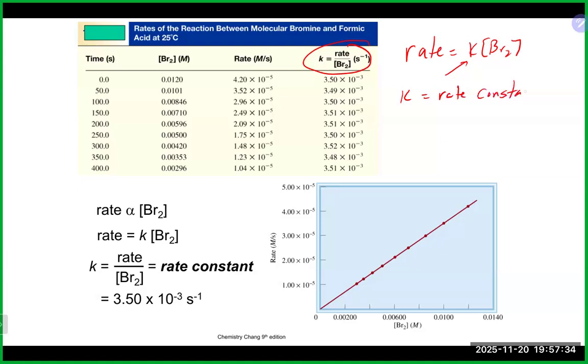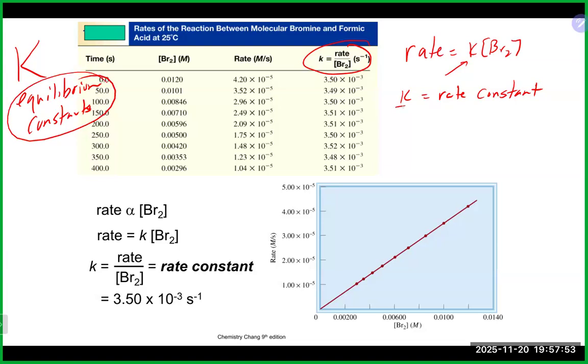It is a lowercase k, not to be confused with 200B's topic of the season, capital K, which is the equilibrium constant. So there actually is a difference in the two K values. That is not in this chapter. Lowercase k is typically the rate constant. There is a relationship between the rate constant and the equilibrium constant, but again, that's a difference here.